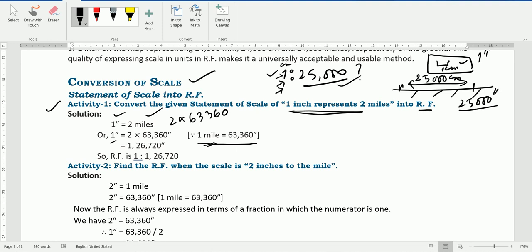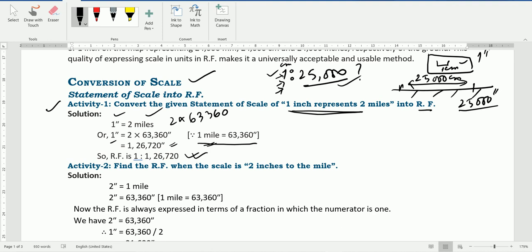That means 1 inch is equal to 1,26,720 inches. So this is the RF of the given statement.